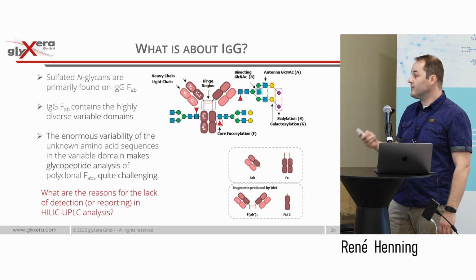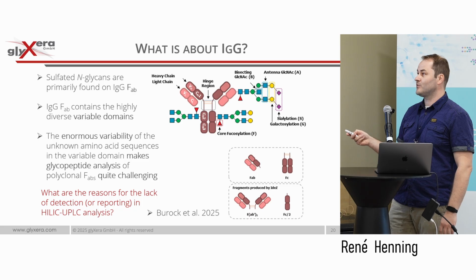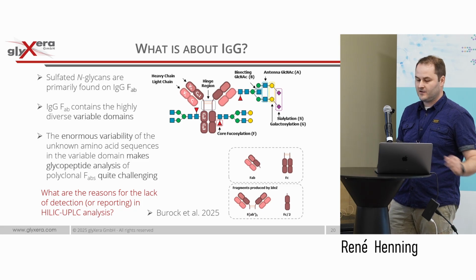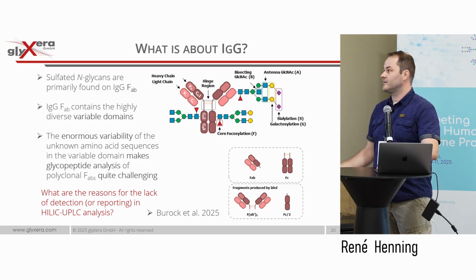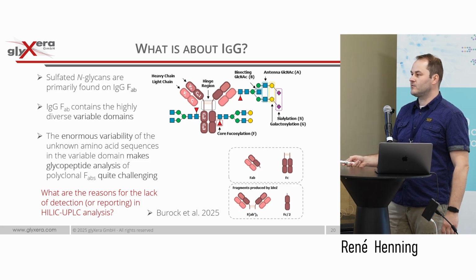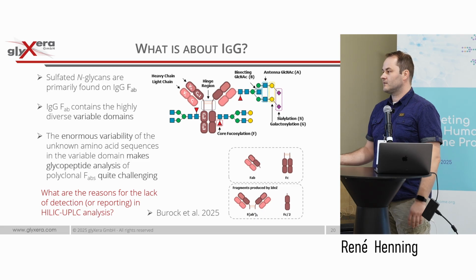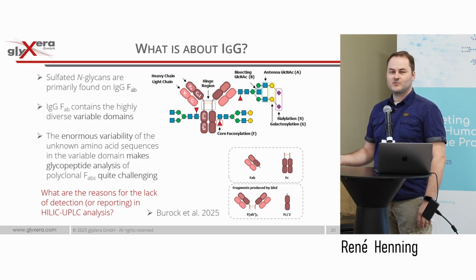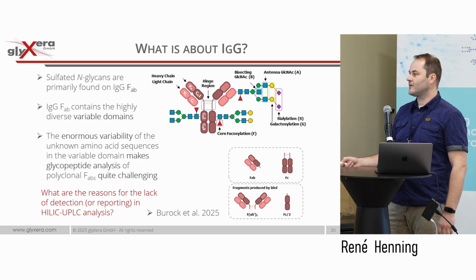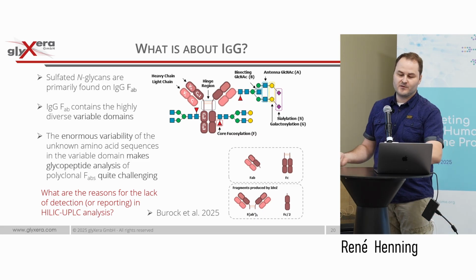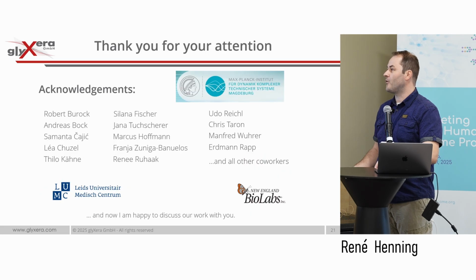And often for MS they only looked at the conserved glycosylation site. This is why it was not reported before. Why was it never seen in HILIC UPLC or HPLC analysis? Also, our last publication, Burock et al., gives an electropherogram of IgG where it's annotated, and also a possible reason why it was not annotated or detected before.